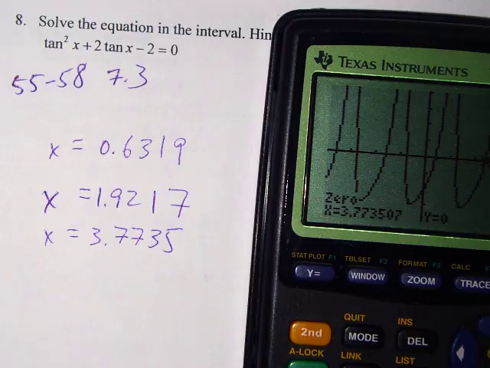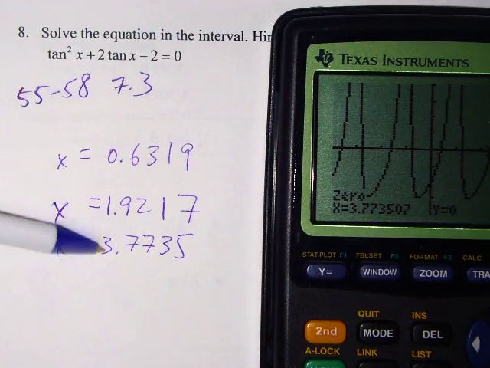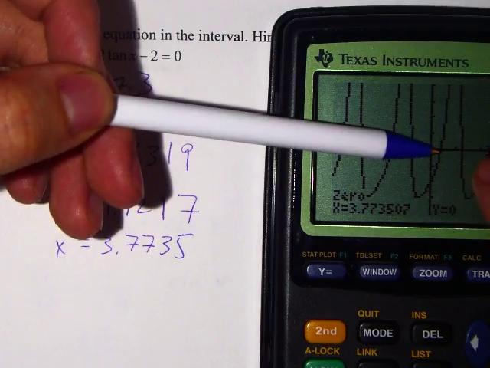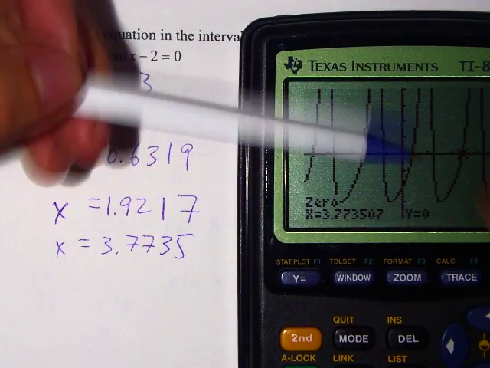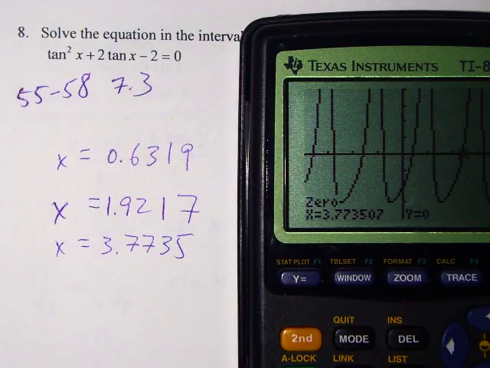Okay, let's look at these answers really quickly. This is 0.6319. This is 3.7735. And that looks like about the same spot on this period and this period. What is 3.7735 minus 0.6319?